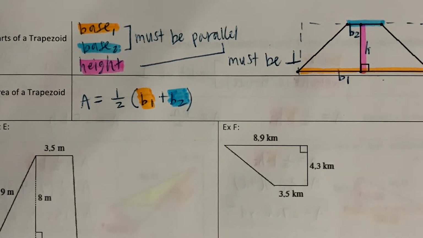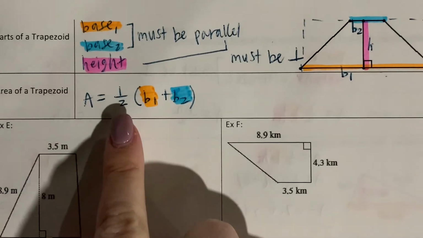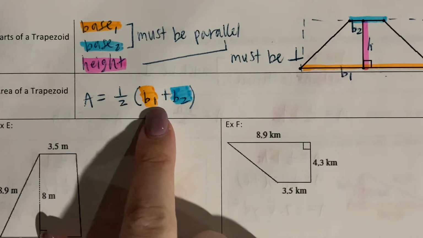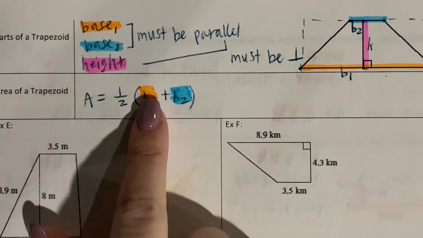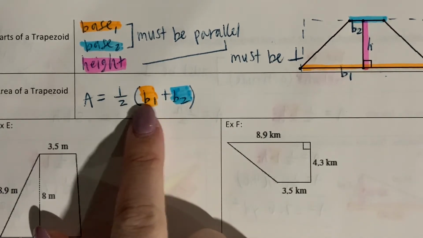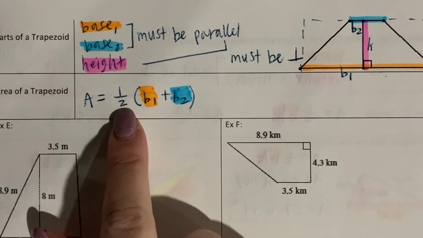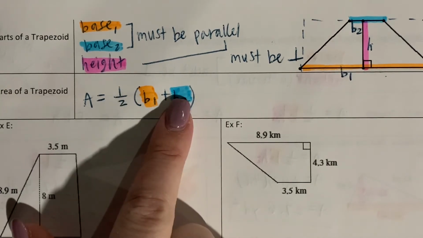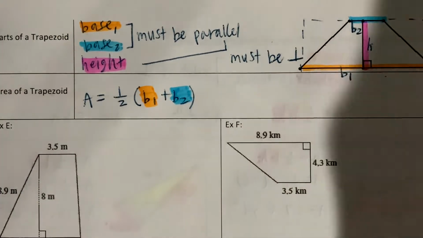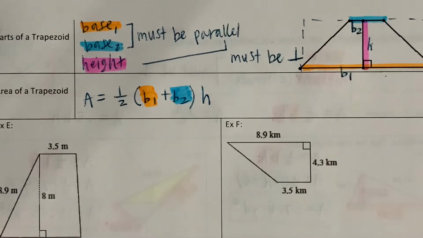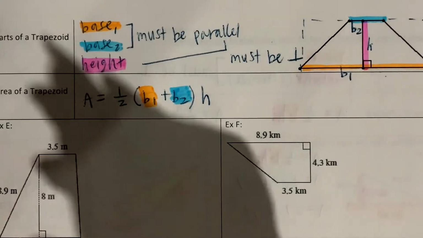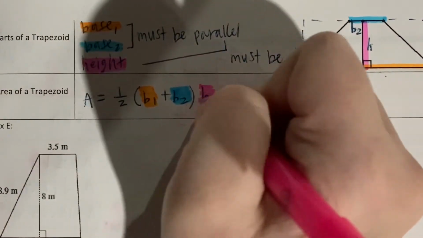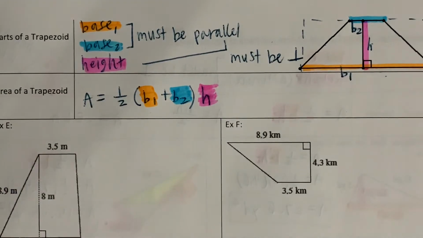Just know that they're two separate lengths. Half times my two bases is finding the average: I'm adding my two bases and dividing by 2. That gives us a good average for our bases, which we then multiply by our height. So the last part of our formula is times our height.